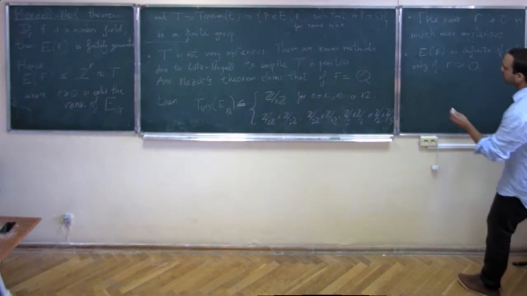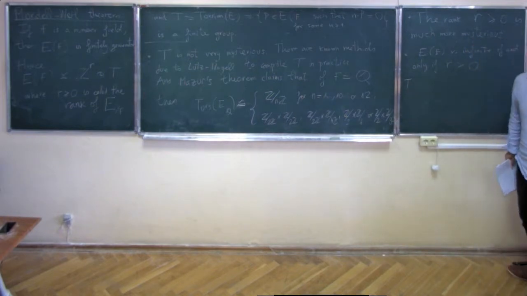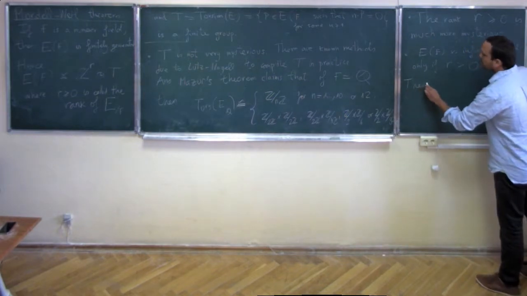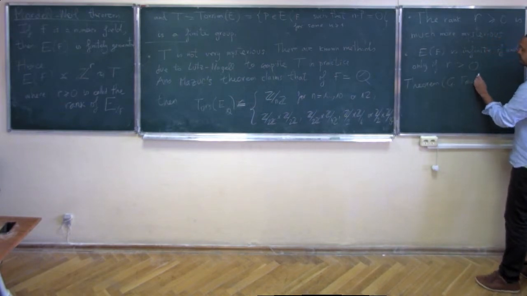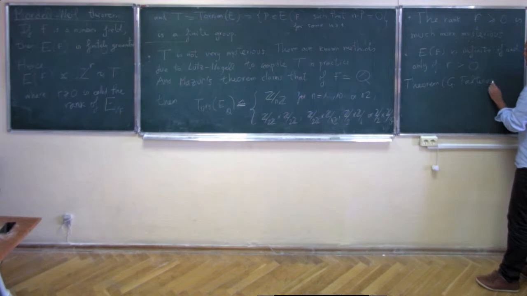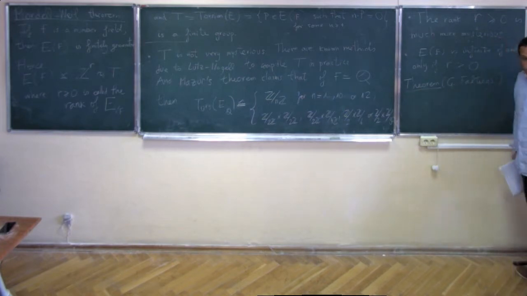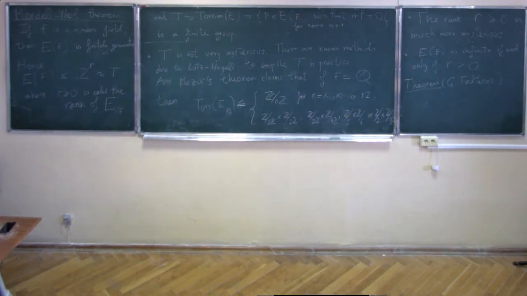This is a trivial observation, given the Mordell-Weil theorem, but perhaps it is good to compare with another theorem. Perhaps it's the right moment to state it now. It's a theorem of Gerd Faltings, which, before it was proved, was known as the Mordell conjecture, the same Mordell as in the Mordell theorem.